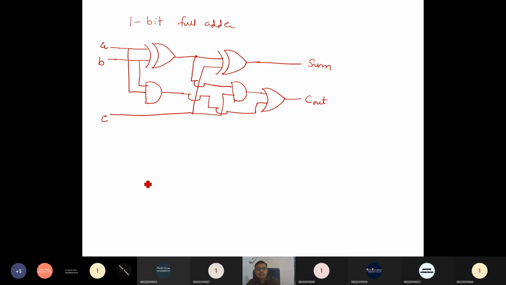Right, this is the circuit for the 1-bit full adder. Now let me find the controllability and the observability at the different nodes.